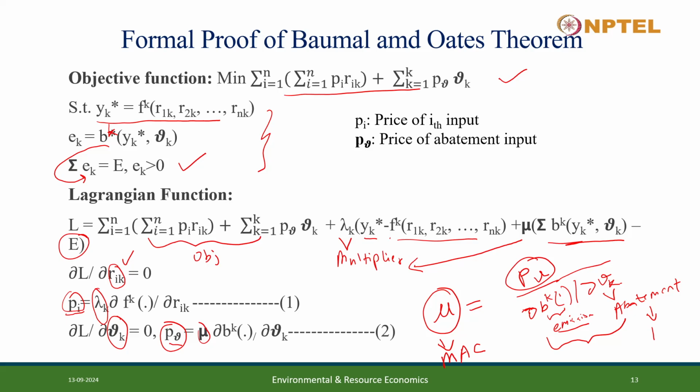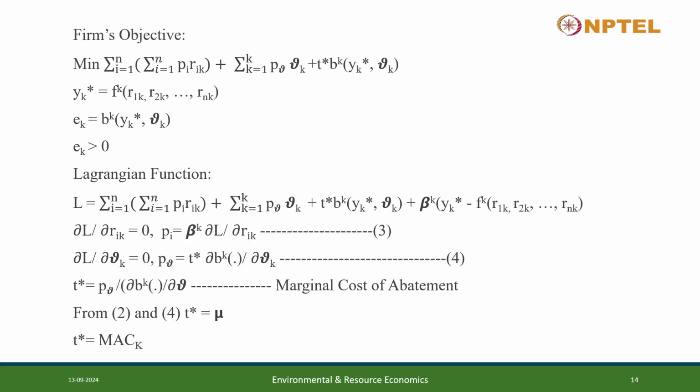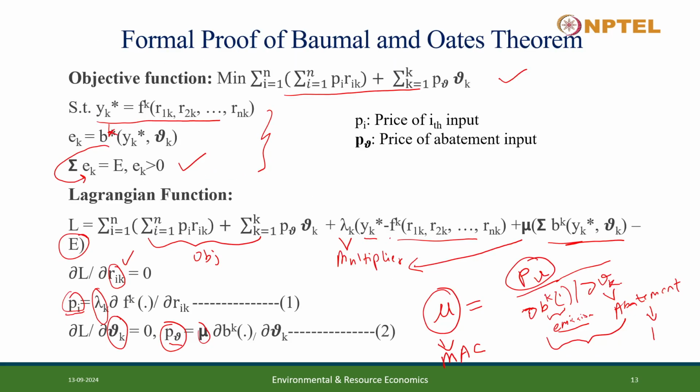So from the social planner's perspective, we formulate the problem by taking the production cost and the emission cost, and then we draw the constraints such as output constraints, emission constraints, and maximum tolerable constraints. Then we formulate the Lagrangian function and differentiate it with respect to rik and mu k.